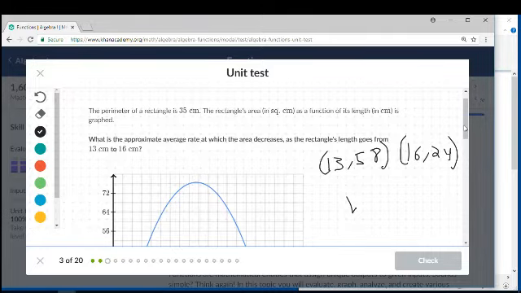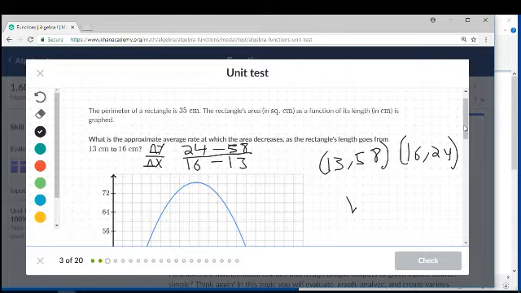What's the average rate of change when you go from 58 to 24? Let's figure this out. We have the change in y over the change in x. So we'll have 24 minus 58 over 16 minus 13. Notice how these are matching up.